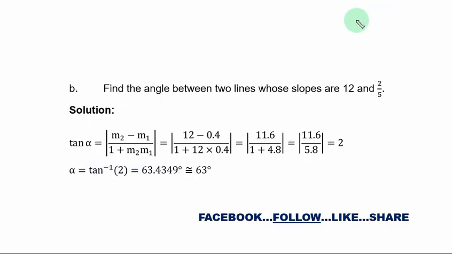Question 3b. Find the angle between two lines whose slopes are 12 and 2/5. The angle is given as tan alpha equal to this.